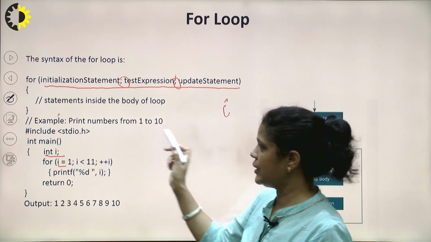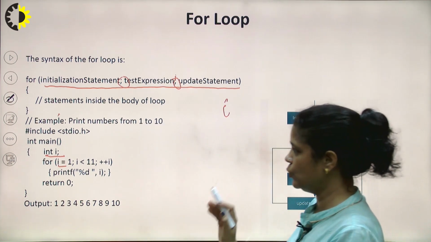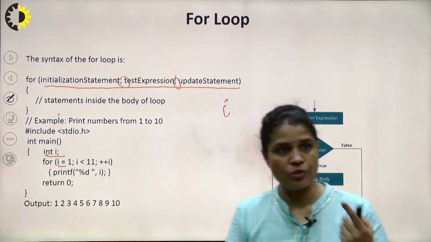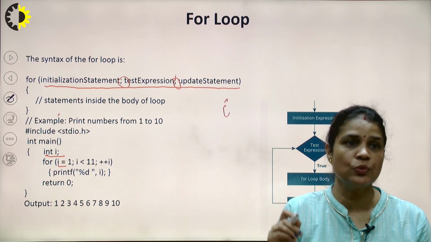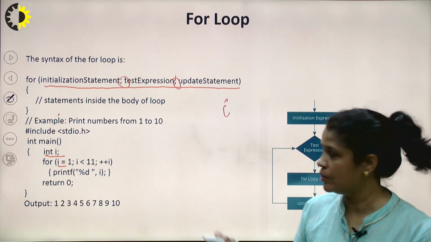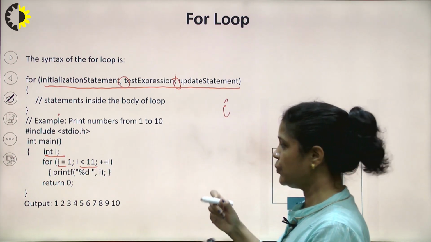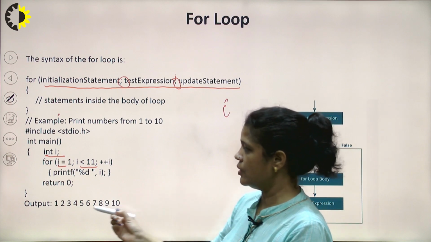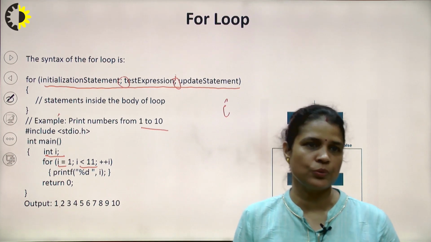If we want to print the numbers from 1 to 10, then we need to write the loop which will start the counter with 1, and the counter should be less than or equal to 10, or we can say the counter should be less than 11, which we have written here. So both are true. And we need to print 1 to 10. We require this output. We need to print numbers from 1 to 10.